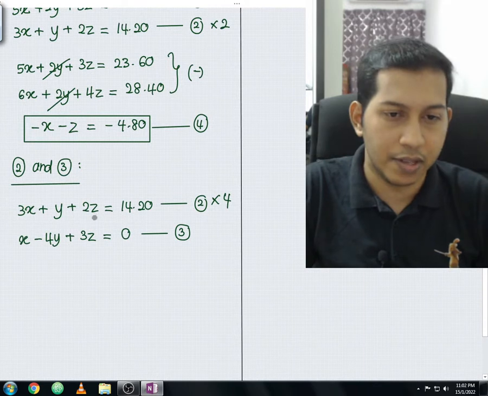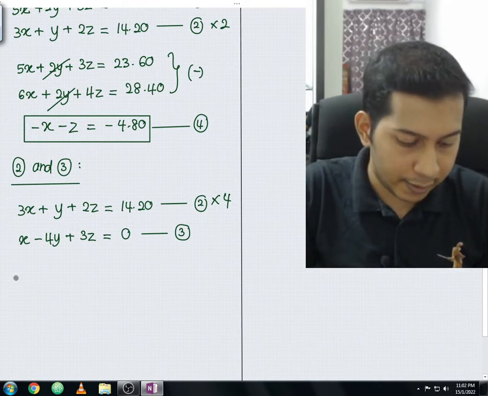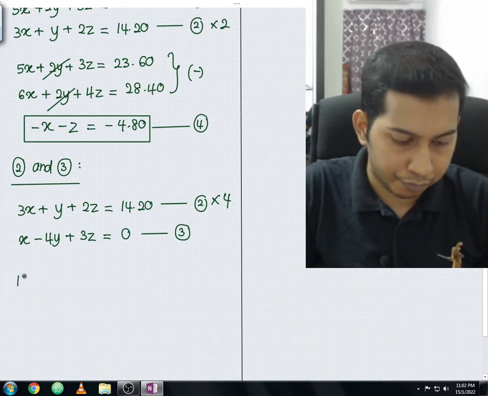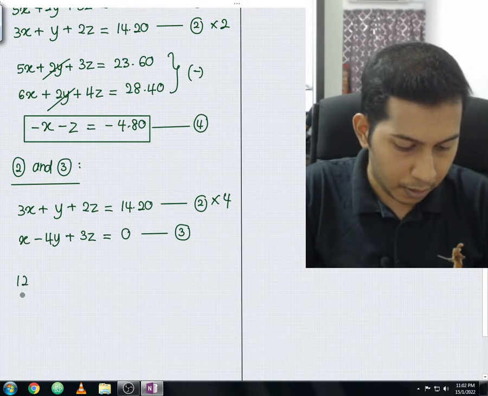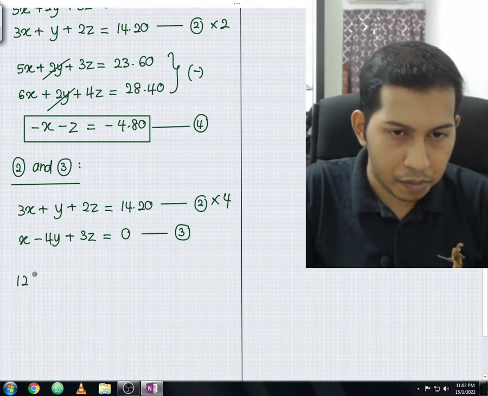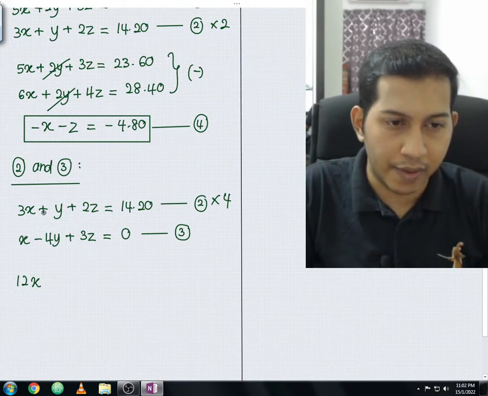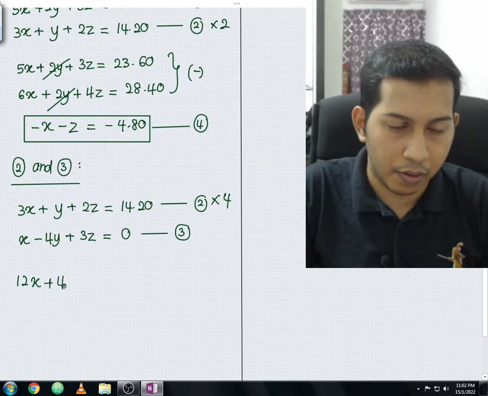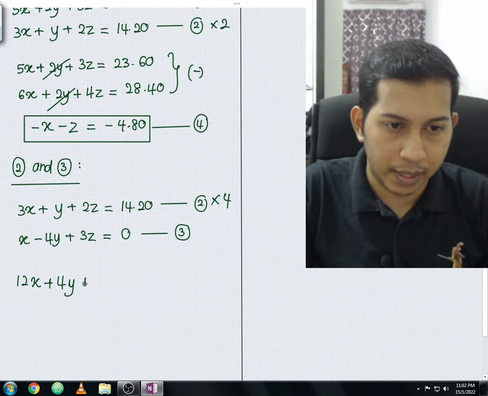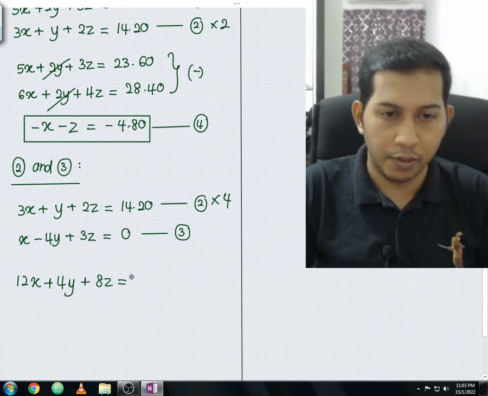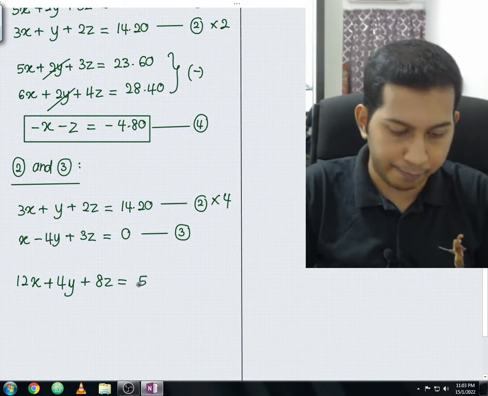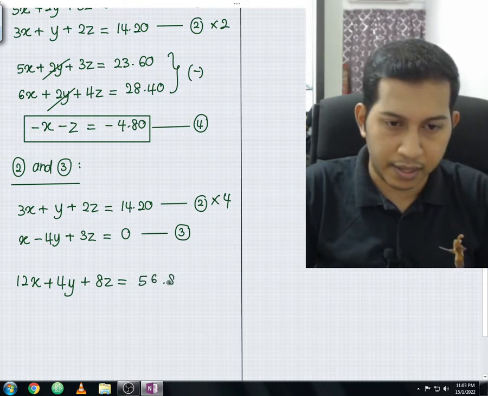So this equation will become 12x plus 4y plus 8z equals 56 ringgit 80 cent.